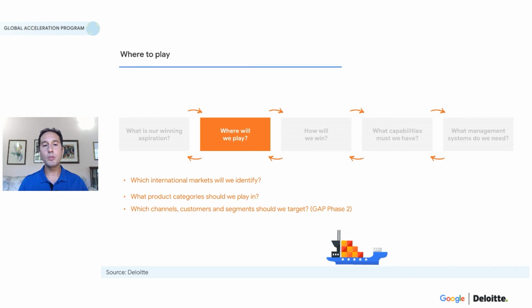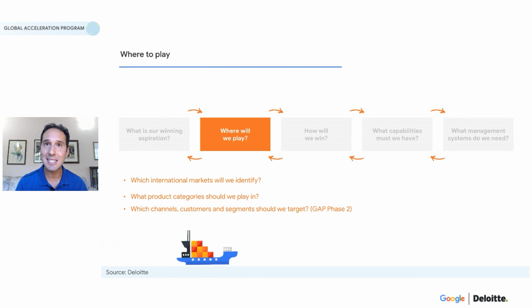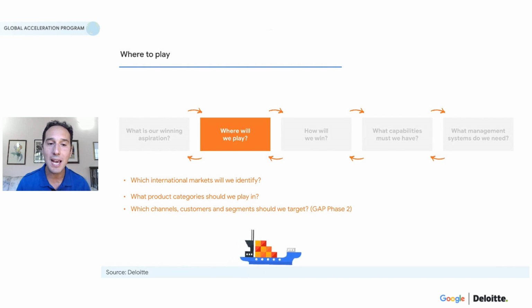So I want to connect back this session to the strategic choice cascade framework that you have seen in the last session. So the last time you talked about, as Ruben said, your winning aspiration, and that includes your mission and your objectives.